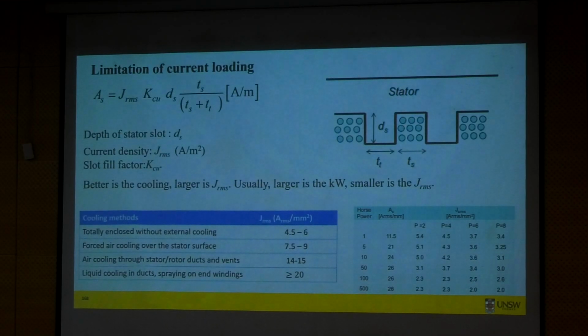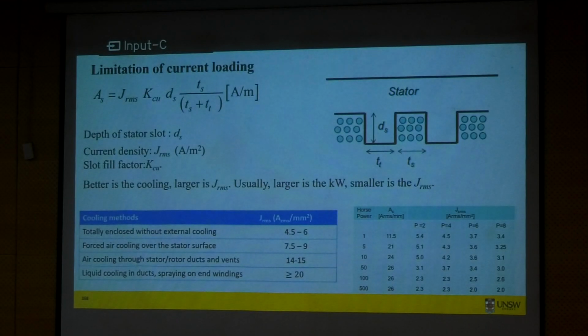As we said, the dimension of the slot cannot be random. You have decided the air gap diameter, you have decided an outer diameter, and you have decided a certain number of slots. So pi D divided by slot number gives you the area of your slots, right?